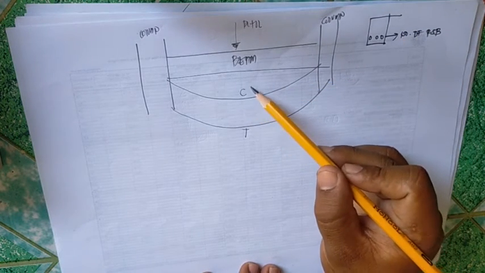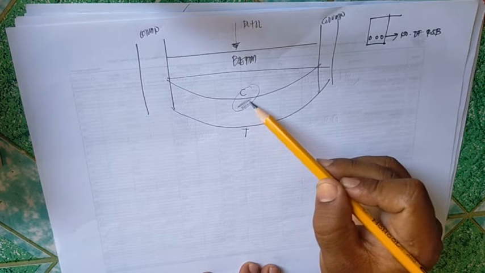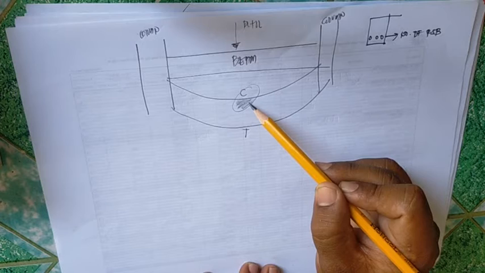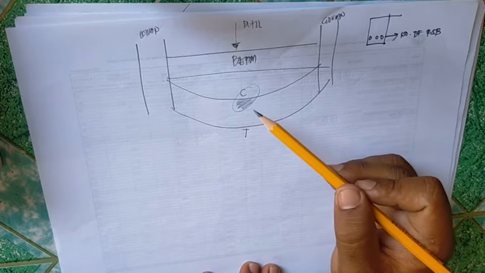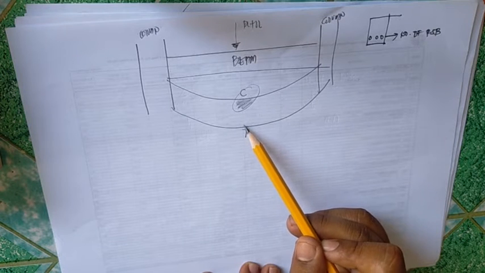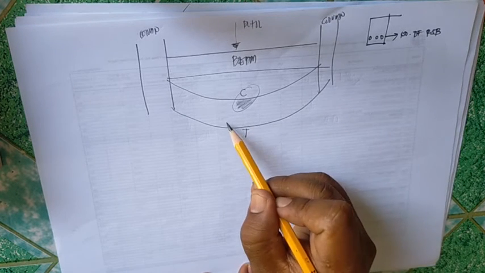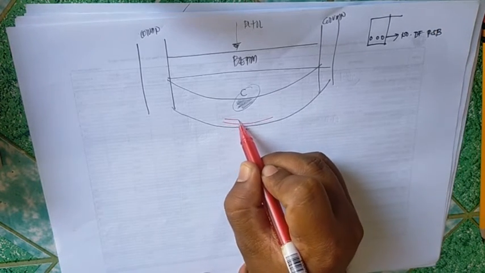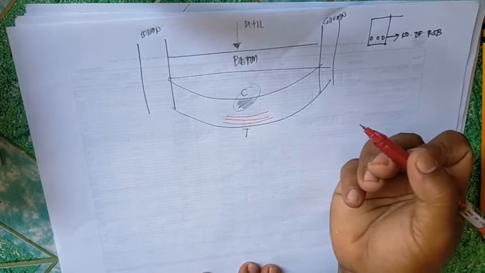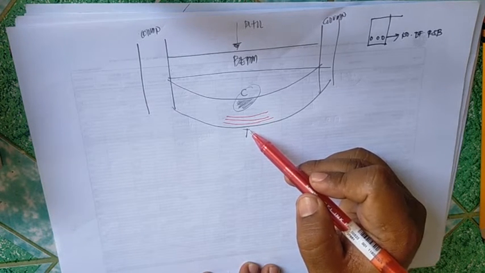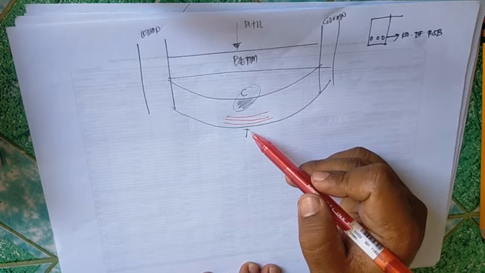Therefore, here under compression, you don't need steel bar. While here, at the midspan of the beam section, there is tension. So you need to provide steel bar to anticipate the effect of the tensile force. That is the purpose why we are putting tension bars at the bottom.